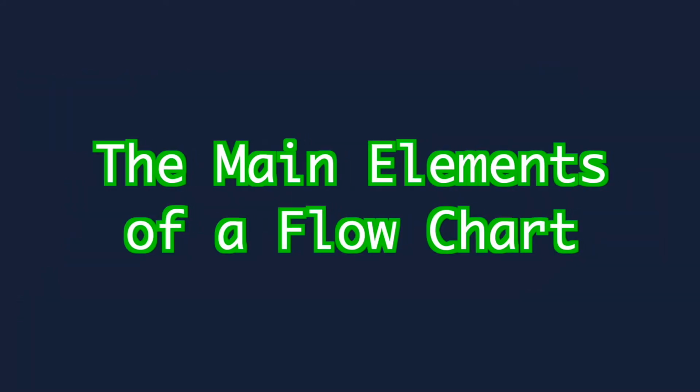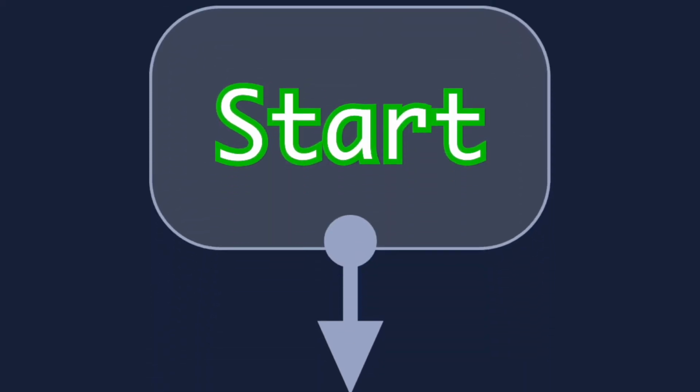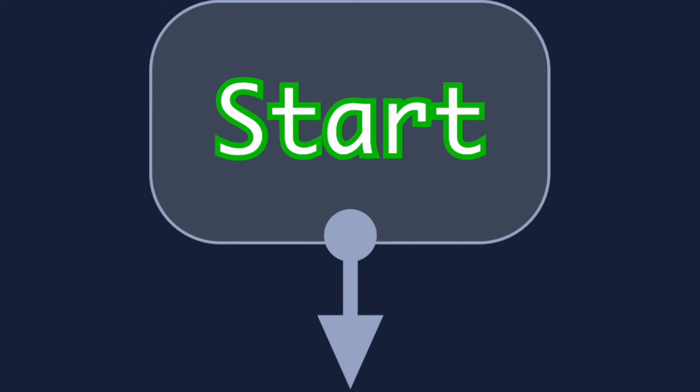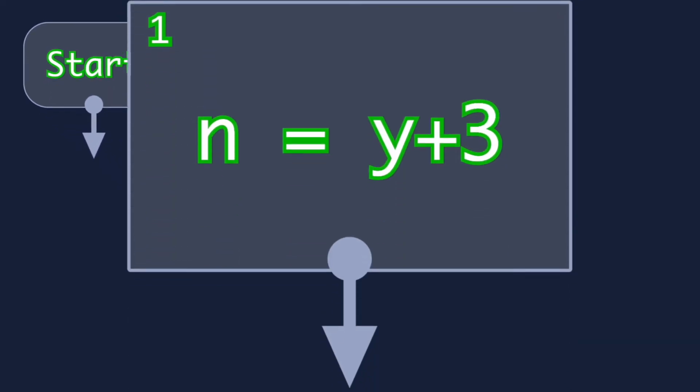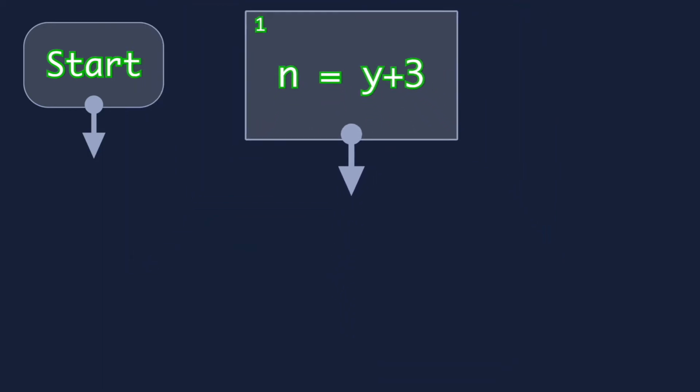The main elements of a flowchart. Flowcharts are made up of different elements, typically shapes connected by arrows. To begin with, we need a clear start node, often a rounded square, to describe the start of the sequence. Square nodes like this are instructions and often the bulk of an algorithm, such as add two numbers or turn 90 degrees.